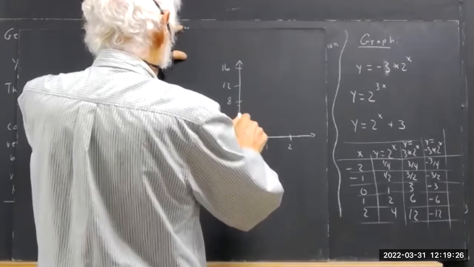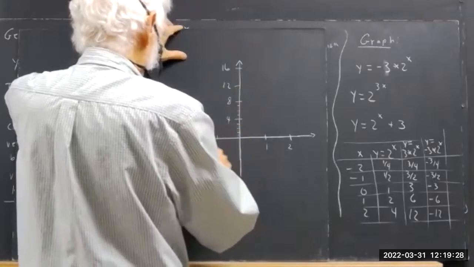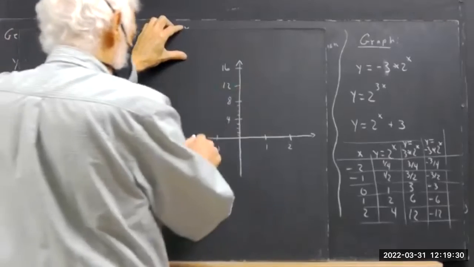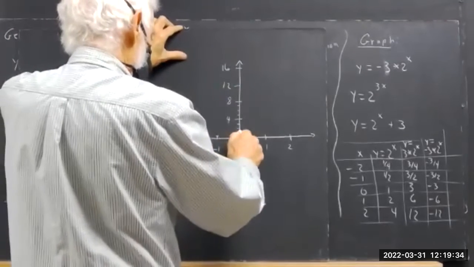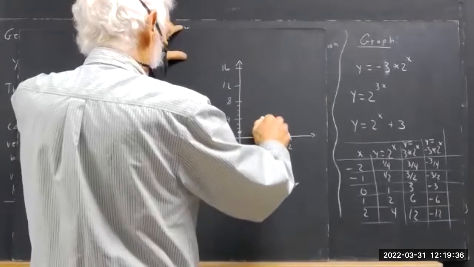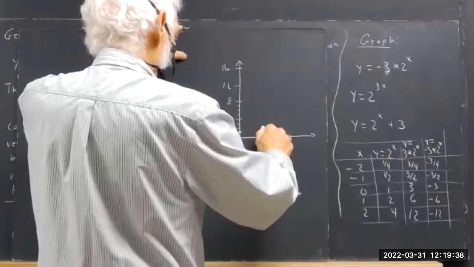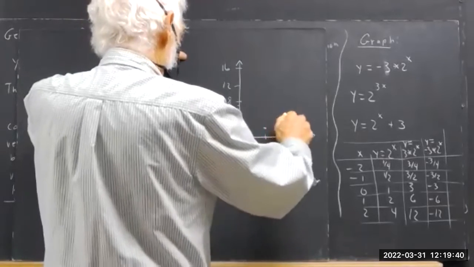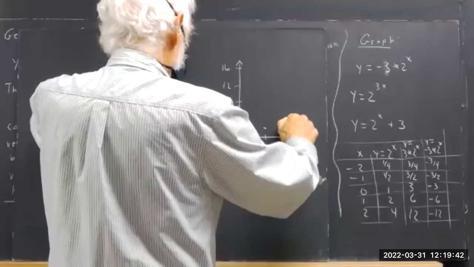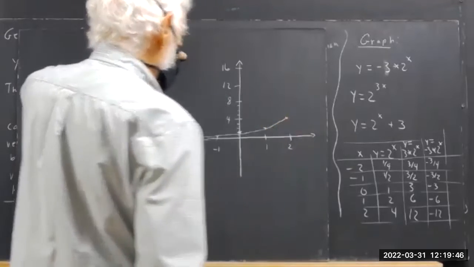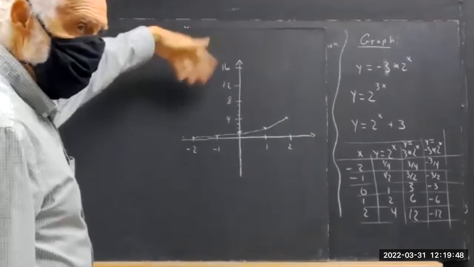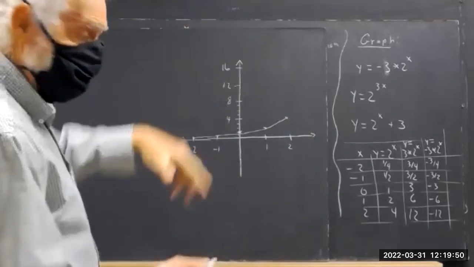I mean 6 and 7 and 5 and so forth. Okay. Get your scale and you sketch your points for the y equals x squared function. That y equals 2 to the x. And it looks kind of like this. Because I'm using a lot of fairly big numbers up here, the graph looks a little flatter than usual.